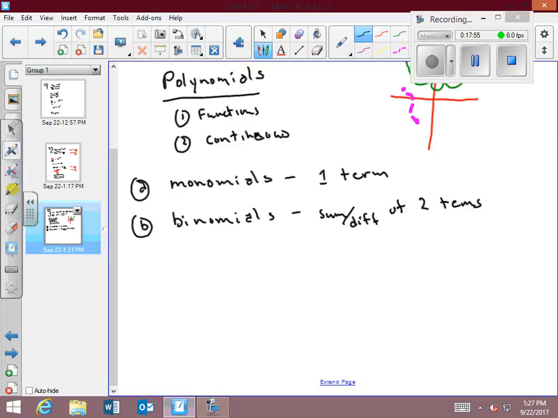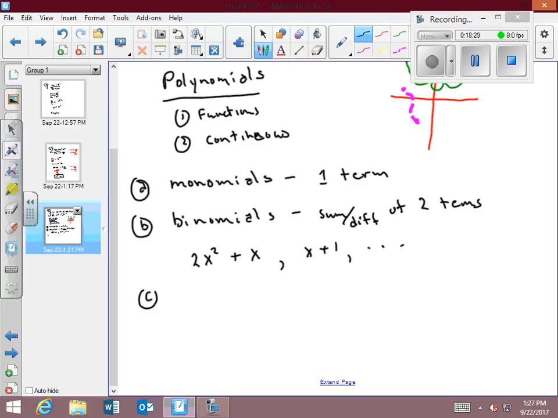So if I did 2x squared plus x, I have a binomial. If I had x plus 1, I would have a binomial. And it'd go on and on. 2 terms, and terms, remember, are things that are multiplied by each other, and they're binomials.